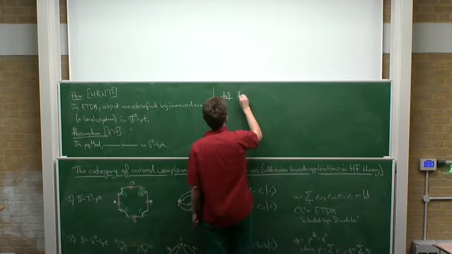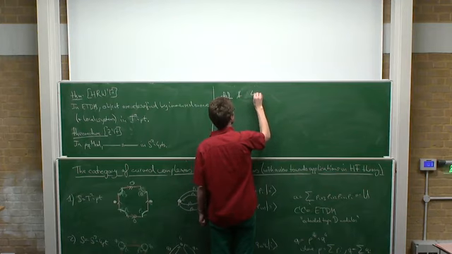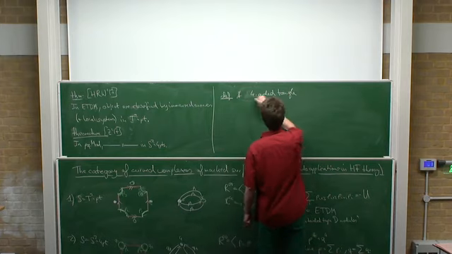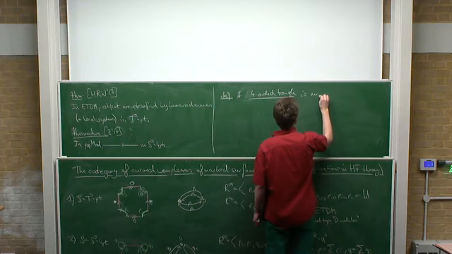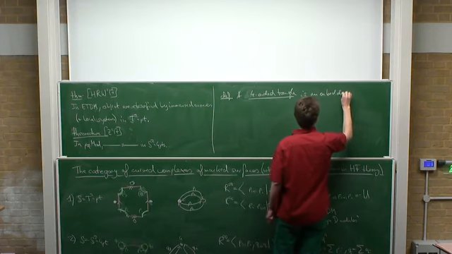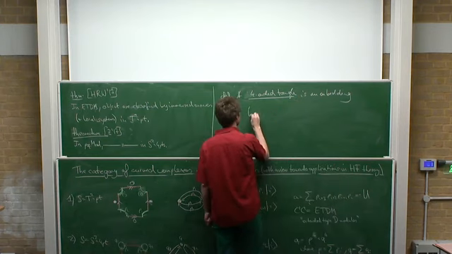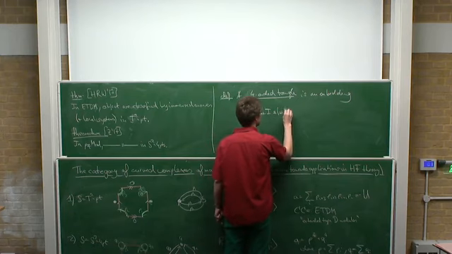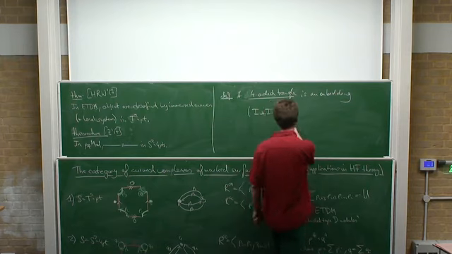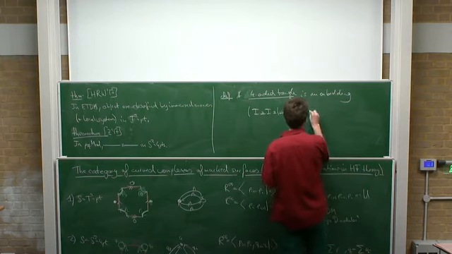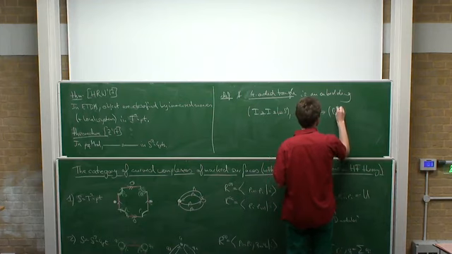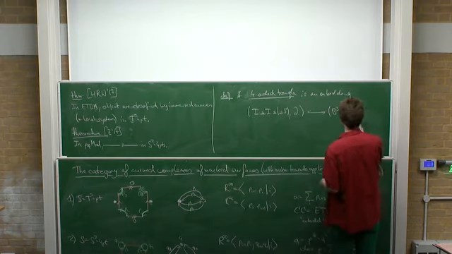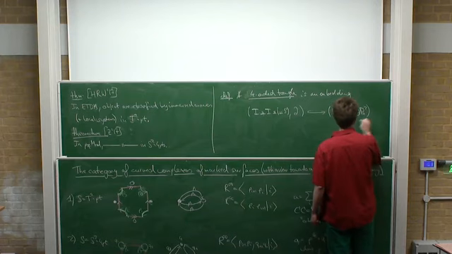So a tangle is an embedding of two intervals plus potentially a union of closed circles into the three-ball, such that you want the endpoints of the strings to lie on the boundary of your three-ball.